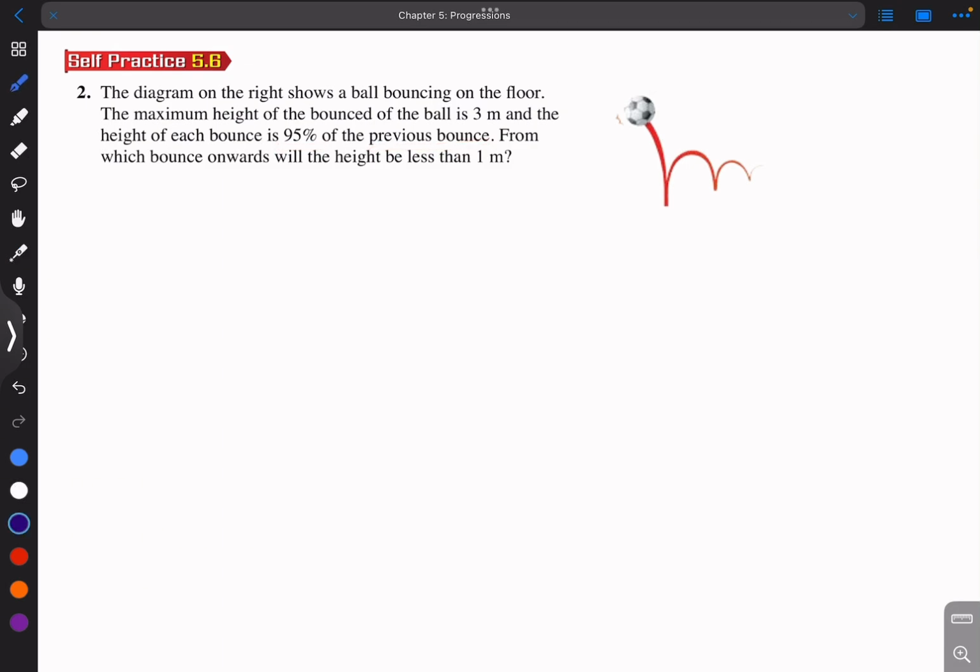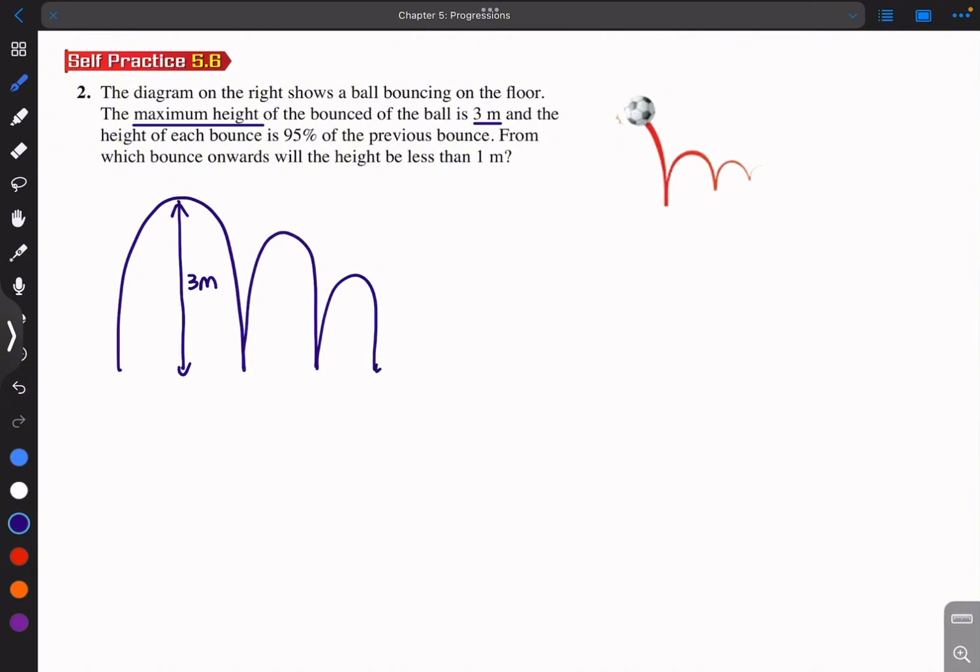Okay, so they said the maximum height is 3 meters. That has to be the first bounce, because after the first bounce, the next and the consequent bounces are all 95% of the previous bounce.